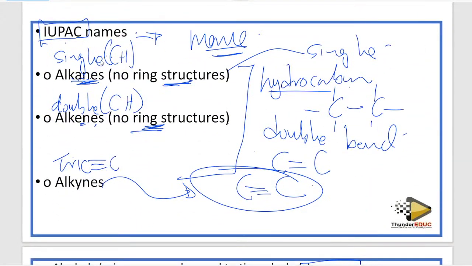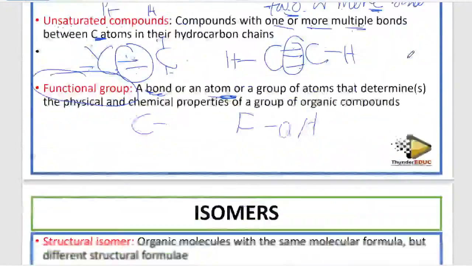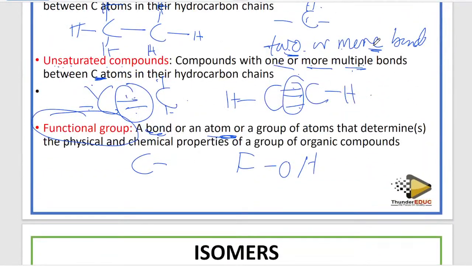A single bond helps it to react that way. A double bond helps it to react that way. A triple bond helps it to react that way. So it could be a single bond, one atom, or a group of atoms.